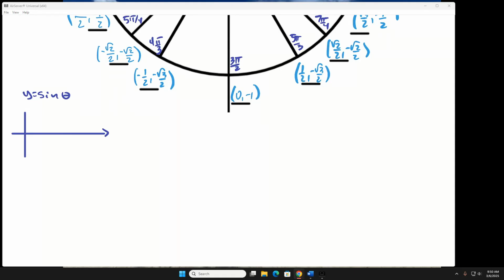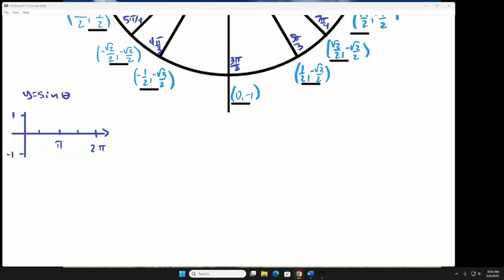So how long does it take for the sine to do its whole period? 2 pi. Yep. So we'll put a little mark at 2 pi, a little halfway at pi, and then we'll do 2 more little quarter marks. For the parent function sine, the amplitude's 1.